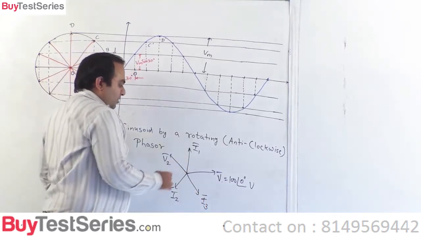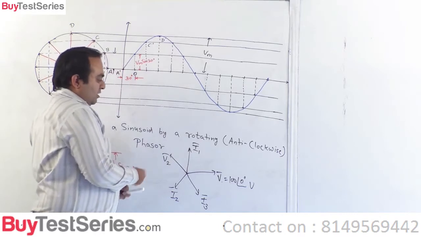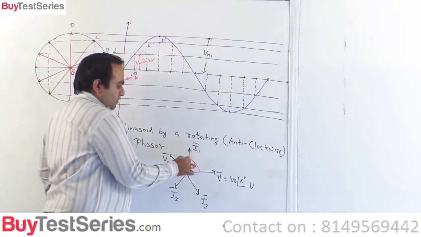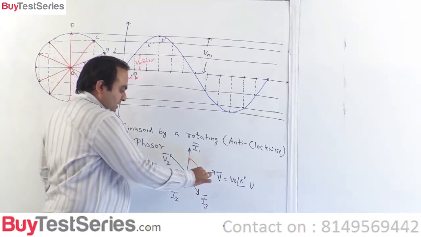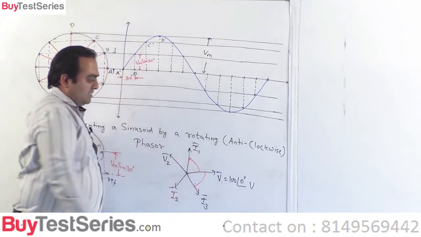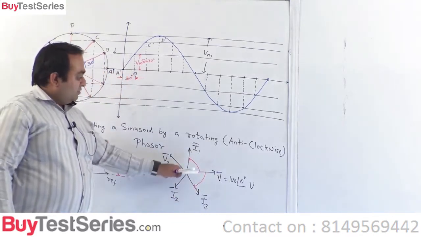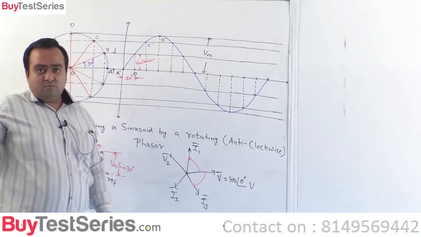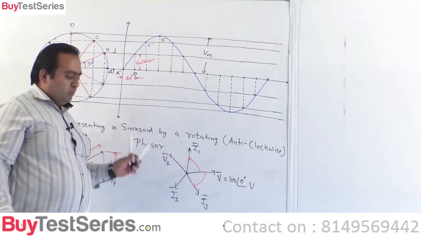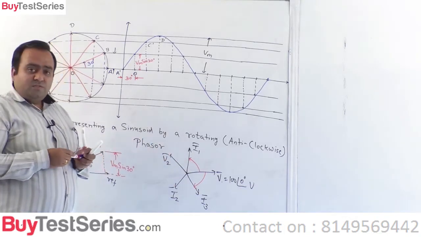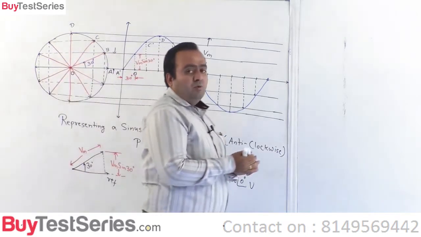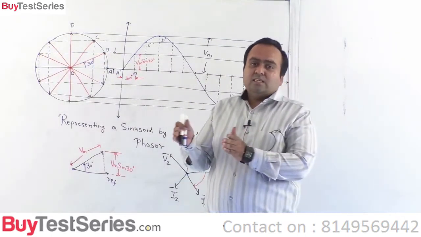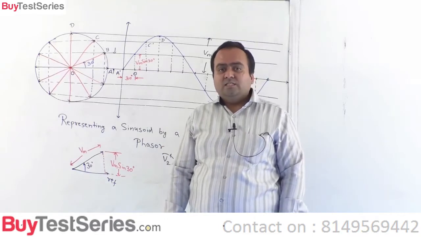An angle in the positive direction, meaning the anti-clockwise direction, is measured as positive, whereas if it is measured like this, it is measured as negative. So instead of drawing 5 sine waveforms, it is better that we use the phasor diagram. This phasor diagram approach we are going to use during the analysis of sinusoidal circuits.